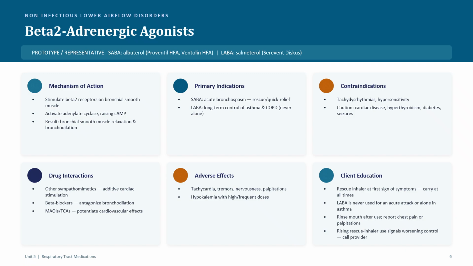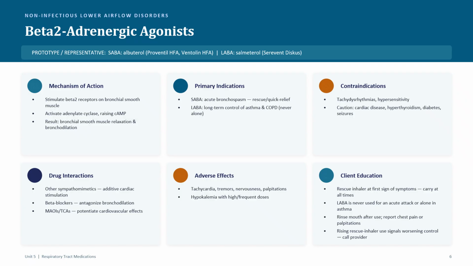So someone who's struggling to breathe right now, that medication is not going to act fast enough to widen the airway. So it's used as a maintenance medication, but it should also be used with an inhaled corticosteroid.